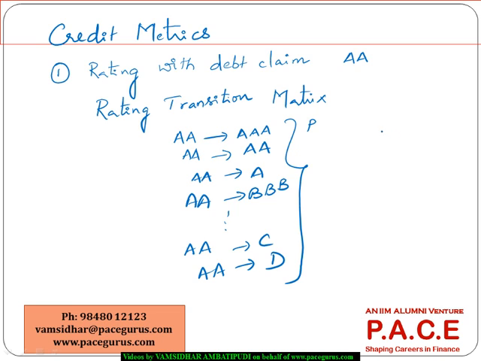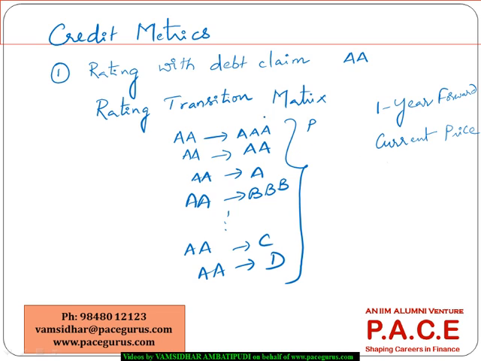So you are trying to compute the expected values for the 1 year, and based on that you try to use the 1-year forward zero coupon rates, 1-year forward zero spot rates to get the current price of the bond. And so for each rating you try to compute the value of the bond.